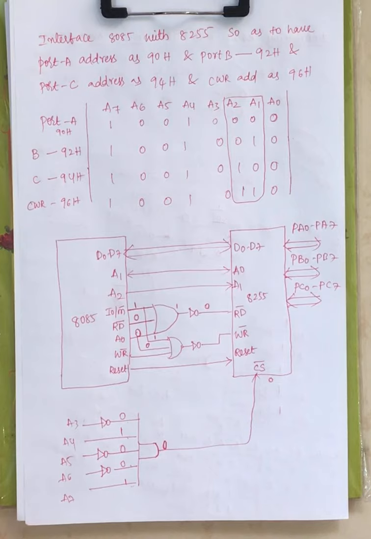The only difference is that here we are using 8 address lines, while there we will use 16 address lines, A0 to A15. Except for the address lines, everything is the same. Till now we have seen the interfacing part with IO mapped IO. In the next lecture we will see the interfacing part with memory mapped IO.